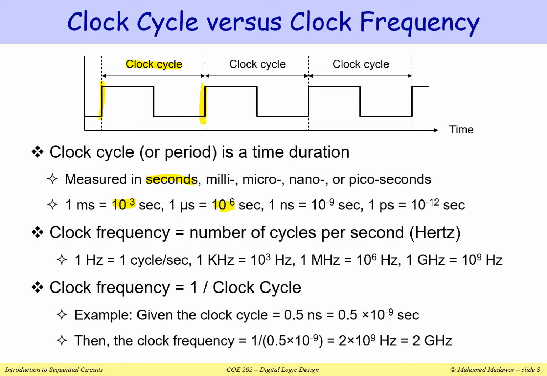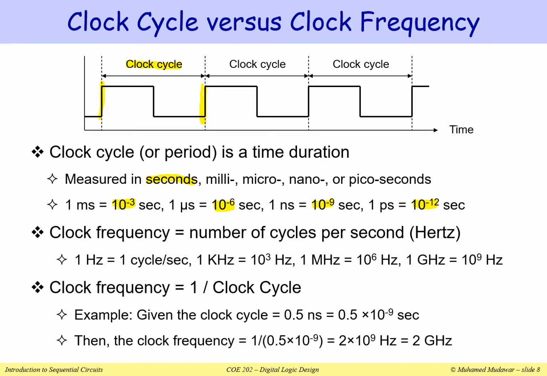Micro means 1 over a million, nano means 1 over a billion, and pico means 1 over a trillion of a second. It's 10 raised to the power negative 12. On the other hand, clock frequency means that you can count how many clock cycles per second.